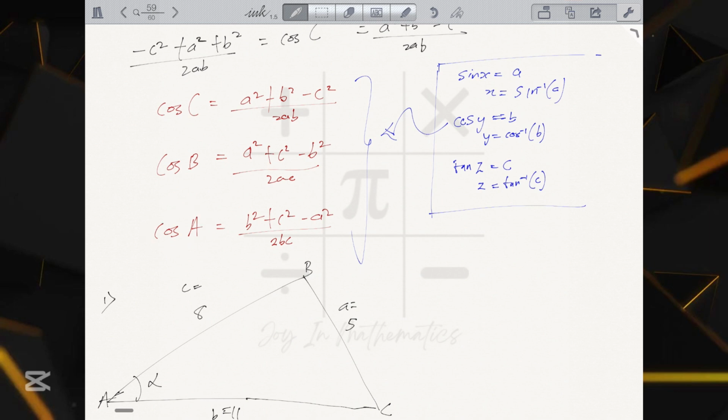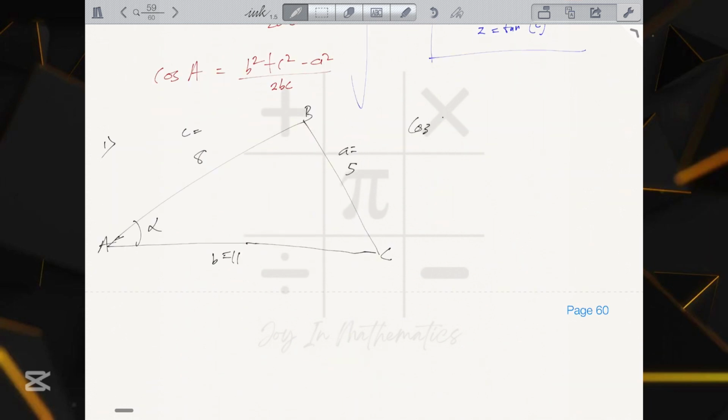That formula involves using cos A is equal to B squared plus C squared minus A squared, divided by 2BC. Moving on, we can now make our substitution.